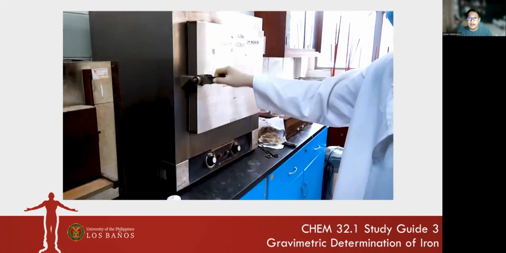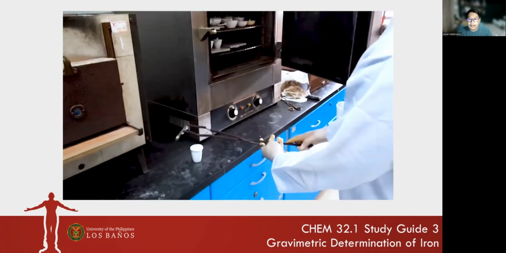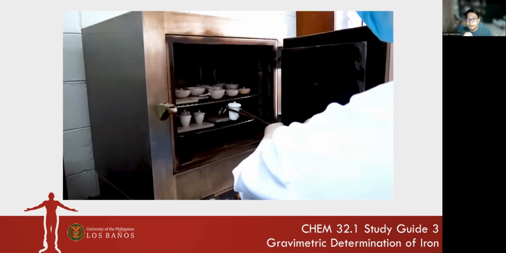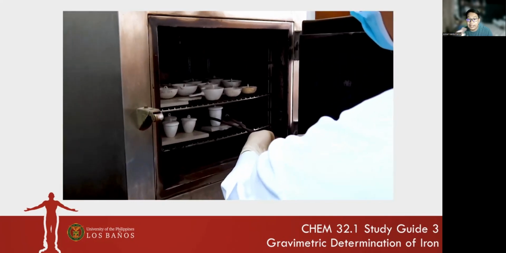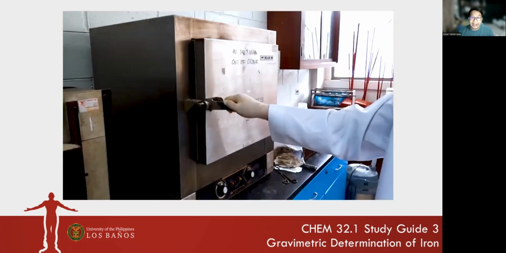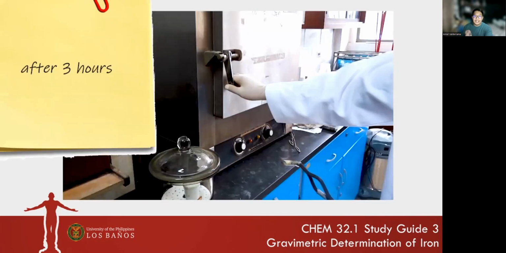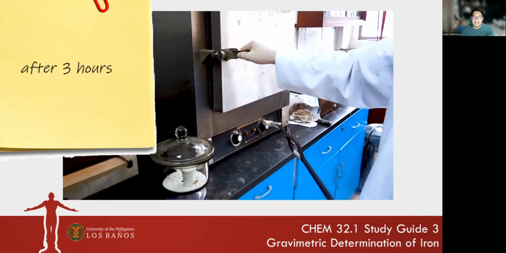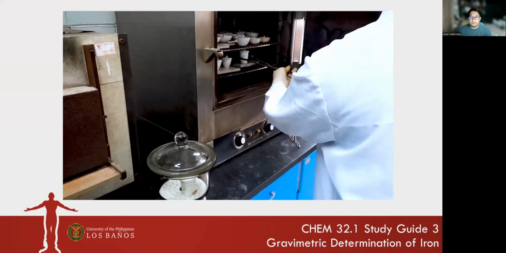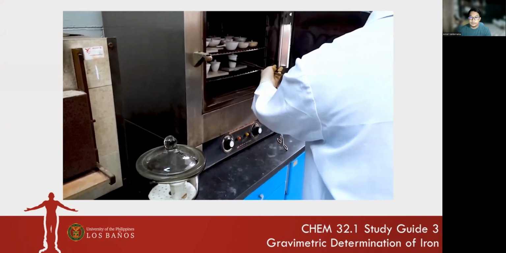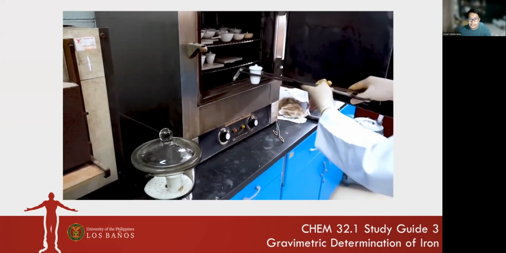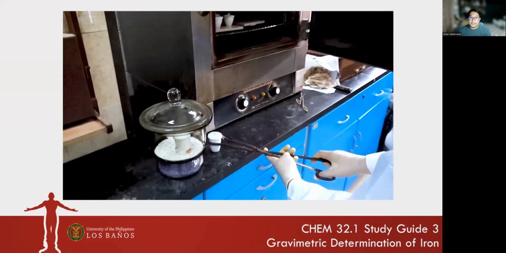So this is the oven in our institute. Be very careful with this kasi may tendency na pwedeng mabitawan mo yung crucible, mababasag. Eh yung crucible na yun, yun yung teared crucible mo. So uulit ka ng tearing if that happens. So you have to be very careful with this. And again, this is hot. 100 degrees Celsius yan. So you have to be very careful as well.